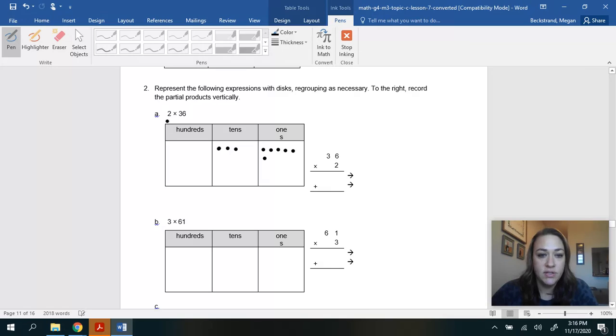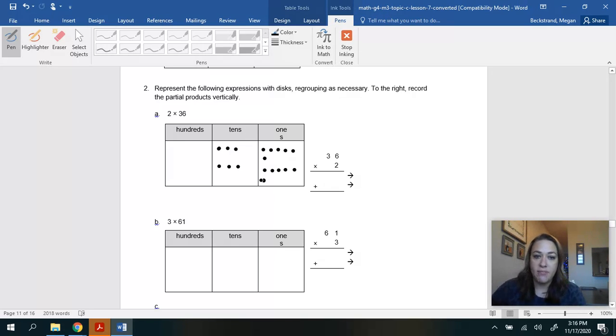I'm multiplying that by 2, so I do that again, right? So here's one group of my 3 tens. Here's 1, 2, 3, and then I do another group of 6. 1, 2, 3, 4, 5, 6. Okay, so my 36 and 36.